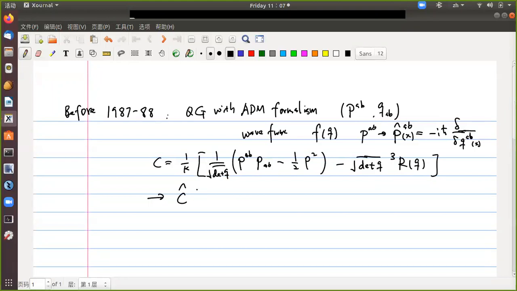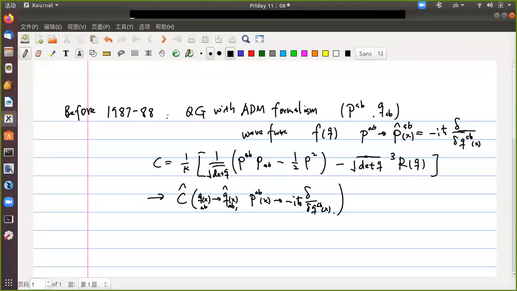Q is just Q hat, so C hat is just C with Q replaced by Q hat of x, and P^{AB}(x) replaced by this derivative operator, delta over delta Q_{AB}(x).